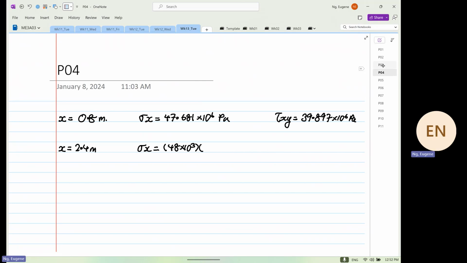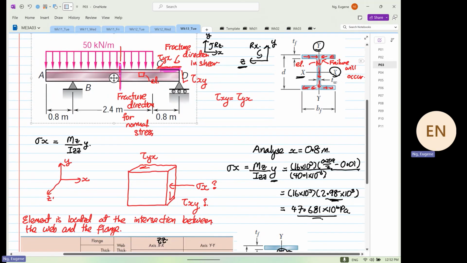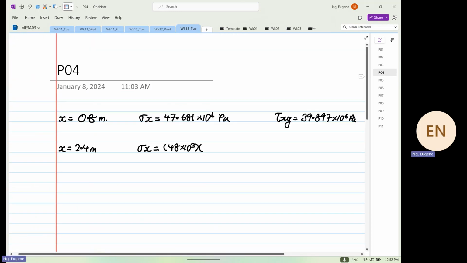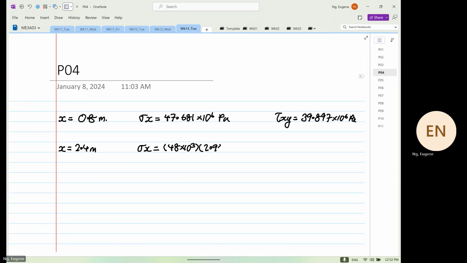And then we just need to multiply the coefficient, which is 2.98 times 10 to the power 3. So 48 times 2.98 times 10 to the power 3 is equal to 143.04 times 10 to the power 6 Pascal.